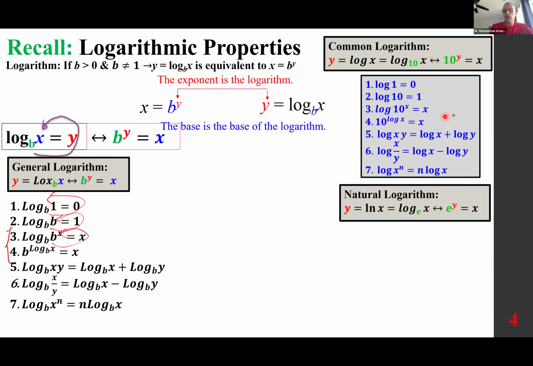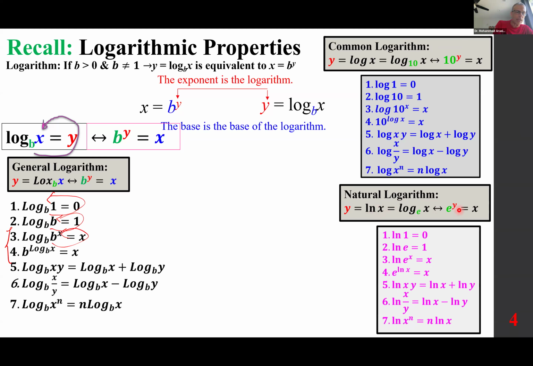Now, natural log x base e means ln x, and we don't write it in this format, okay? I just want to make sure that everybody knows y equals ln x means log x base e, and it means, of course, in an exponential format, e to the power of y equals x. Again, general properties, a specific case where we are dealing with base e.